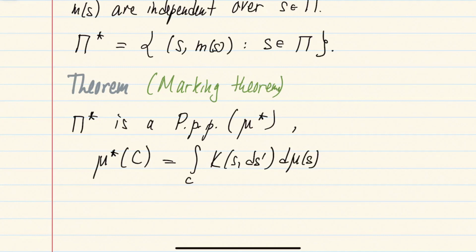And by the way, notice that this measure is automatically non-atomic, right? Because the measure of any slice or any vertical line will be just mu at that point on the first coordinate, which is 0. So of course it implies that the measure of any point on the space is 0.